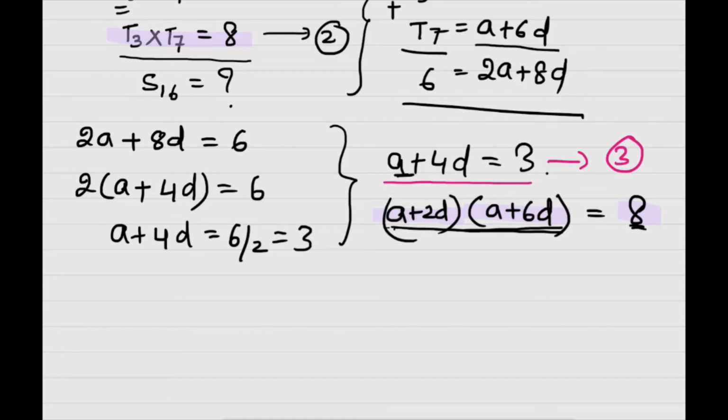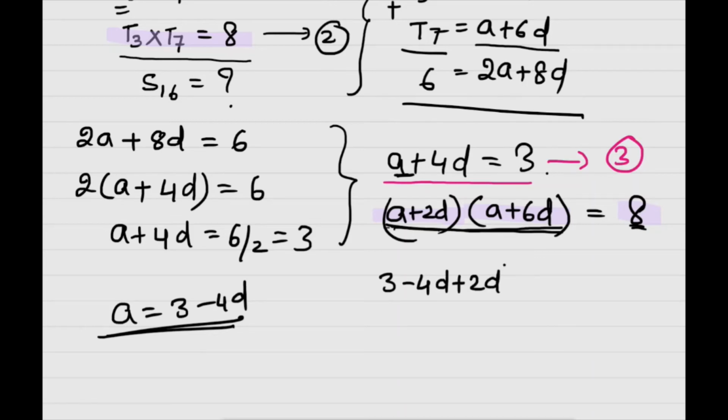So first of all change it. Now from here you will get A is equal to 3 minus 4D. Okay. So we can substitute the value of 3 minus 4D here. So what you will get? 3 minus 4D plus 2D into 3 minus 4D plus 6D. Okay. This will become 8.